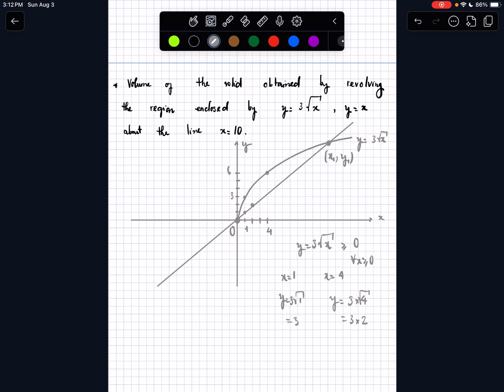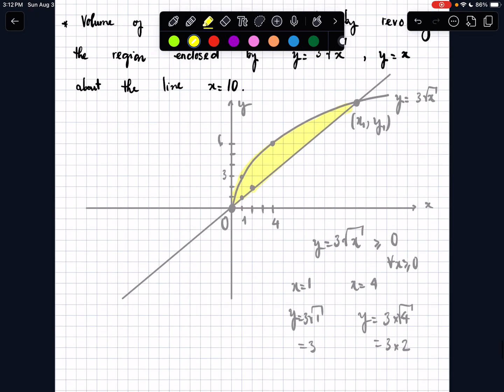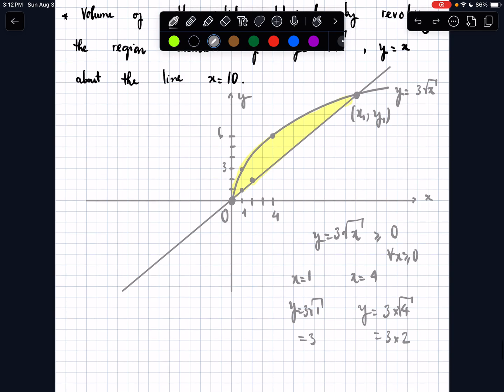We want to revolve this region about the axis x equal to 10. Let's check if x equal to 10 is here or there.